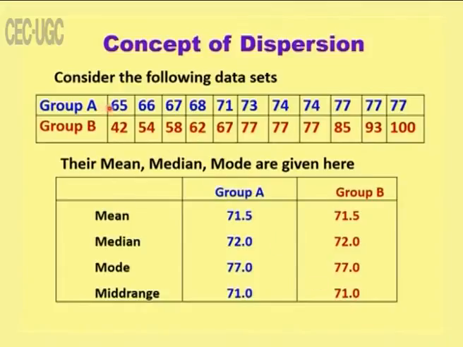But if you observe the data carefully, we can say that the data set A and its range is somewhat different from data set B.